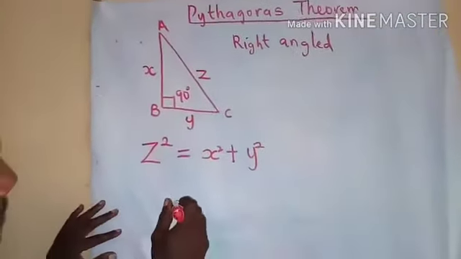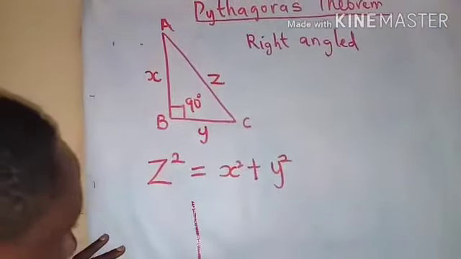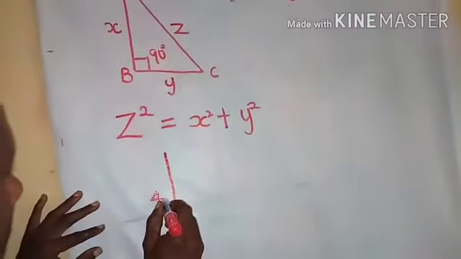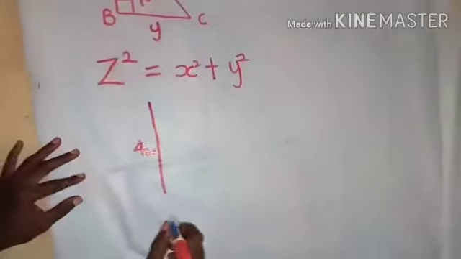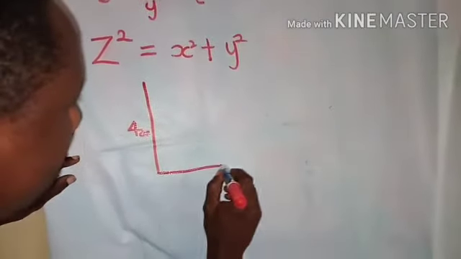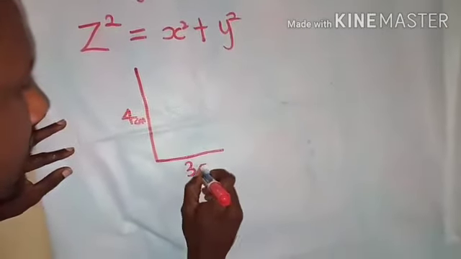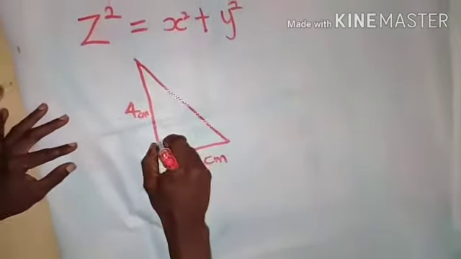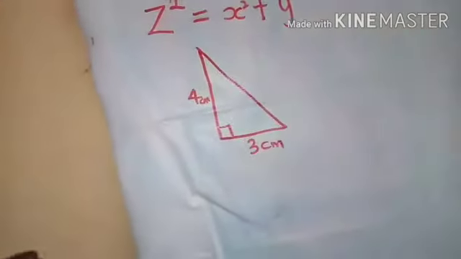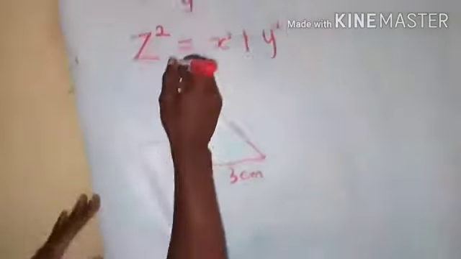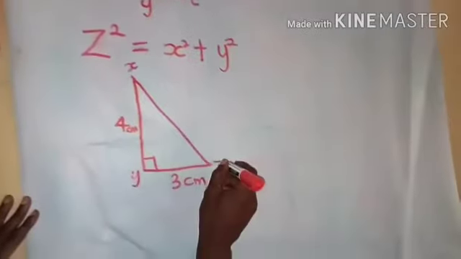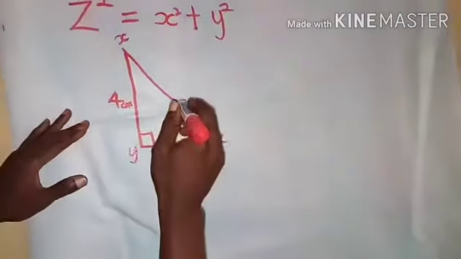We have this line, and we say this line is 4 centimeters. Then we have this side, 3 centimeters, and we're looking for this side. Remember that the triangle is a right angle triangle. We can say this is X, Y, Z. And we're looking for what?